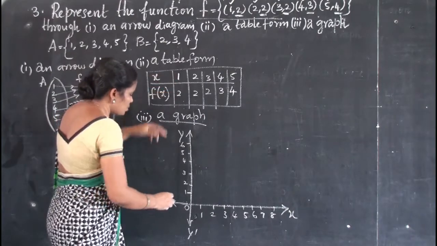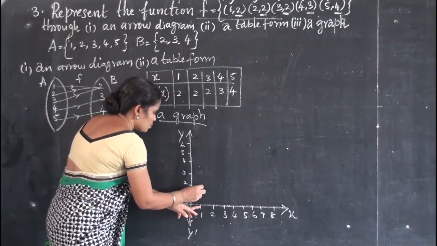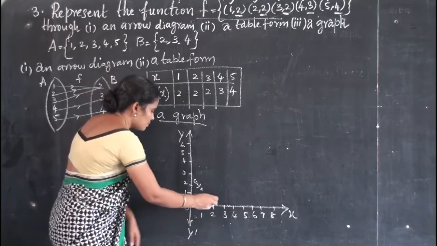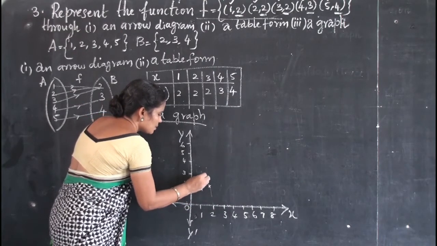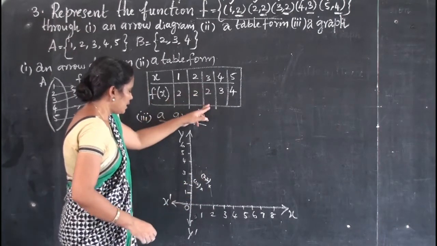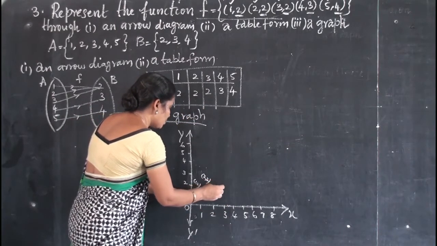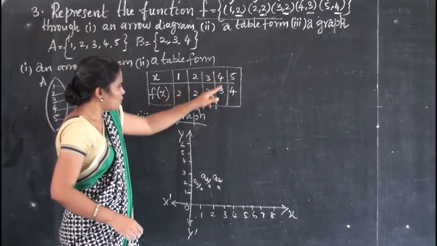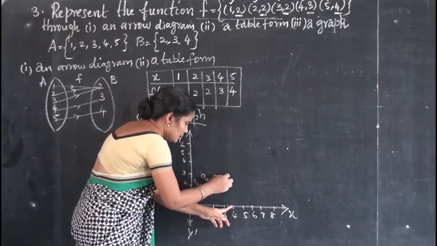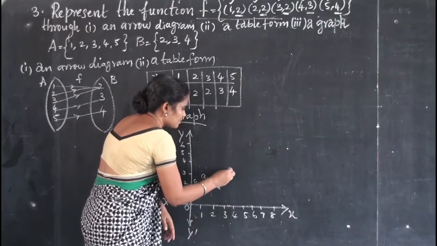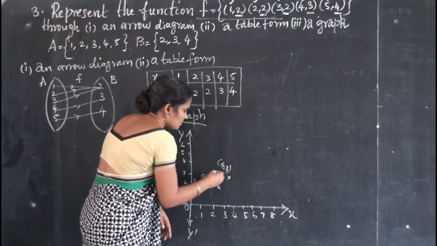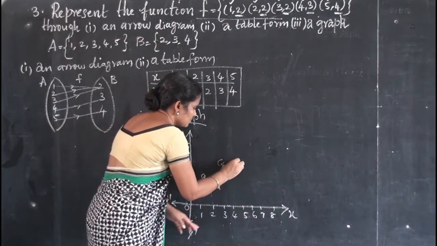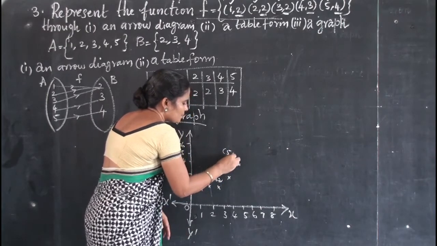So for 1, it is 2: 1, comma 2. Then 2 to 2. For 2, it is 2. For 3 to 2, then 4 to 3, then 5 to 4.